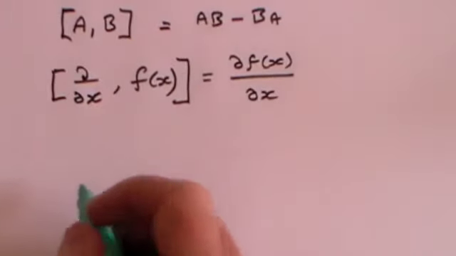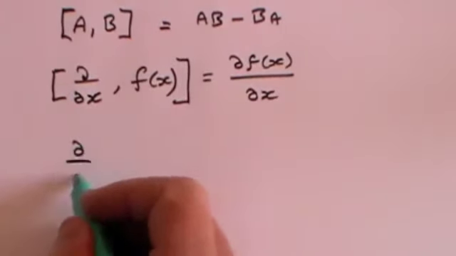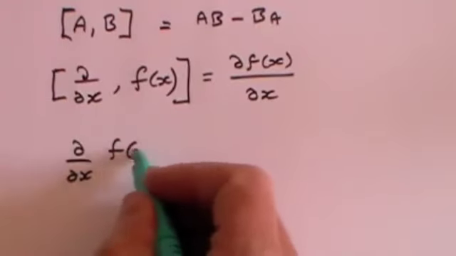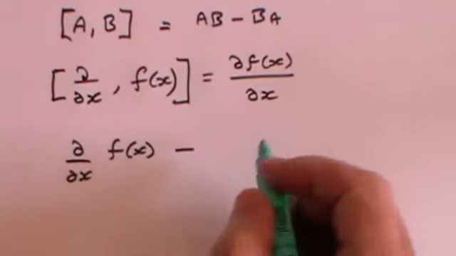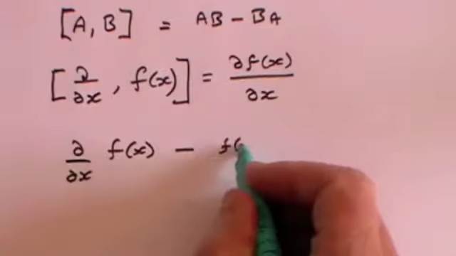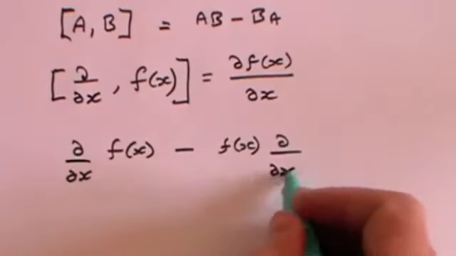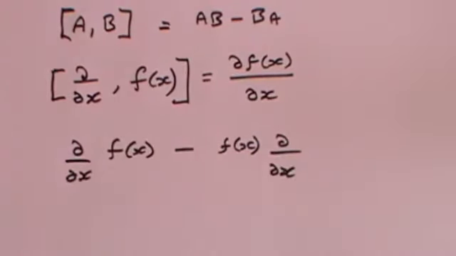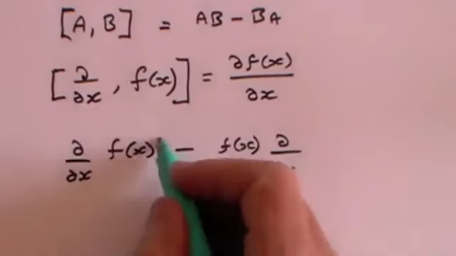That's going to be d/dx of f(x) minus f(x) times d/dx. Now you've got to apply a d/dx to something, so let's just call it v.